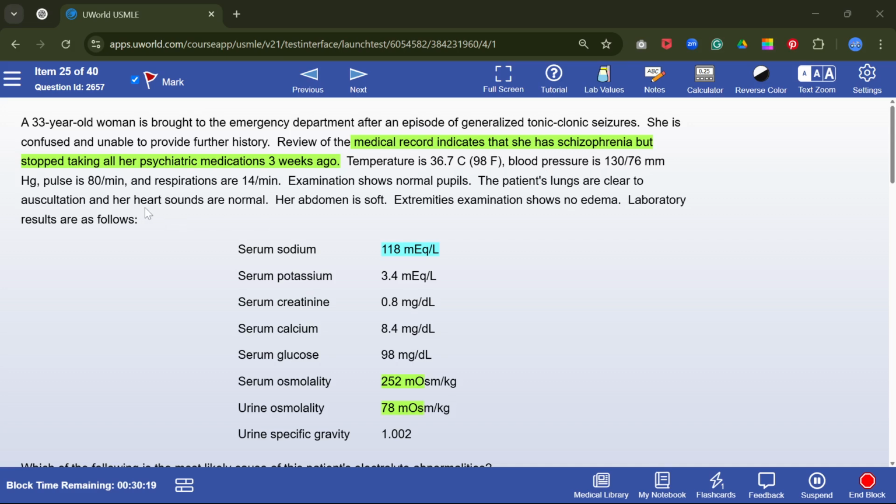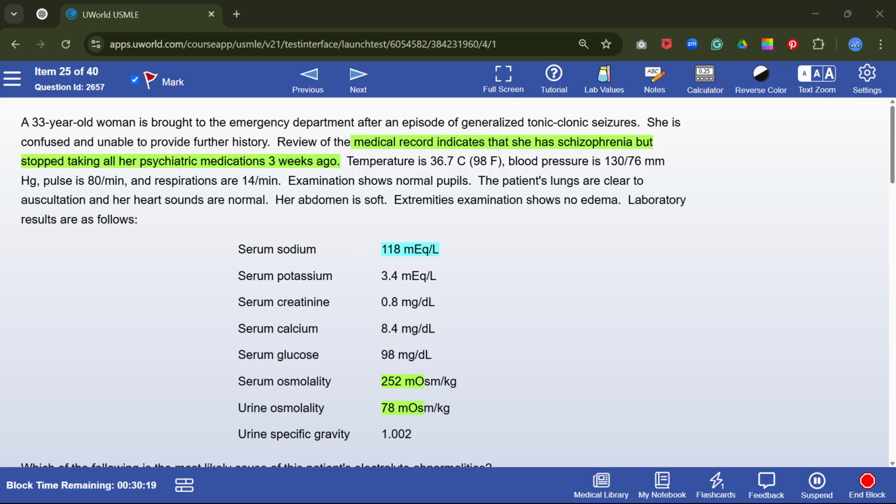Lungs are clear, heart sounds are normal. Sodium is low, calcium is a bit low or closer to normal. Sodium is low, then look at the serum osmolarity. Serum osmolarity is less than 290, so it is hypotonic. And now the urine osmolarity, which is less than 100.